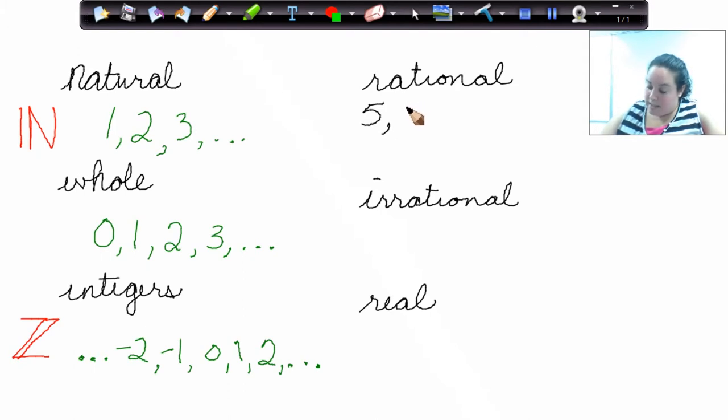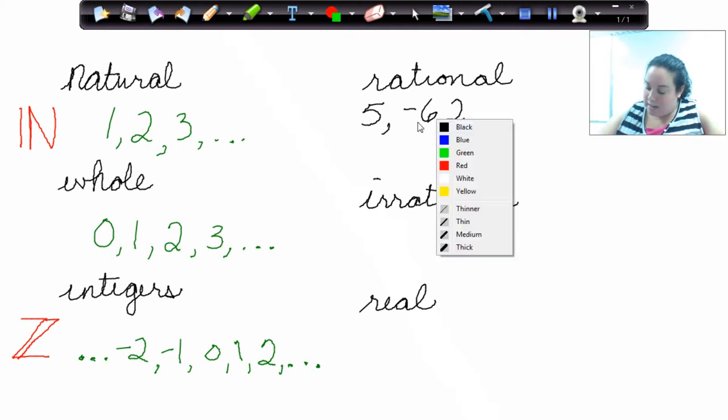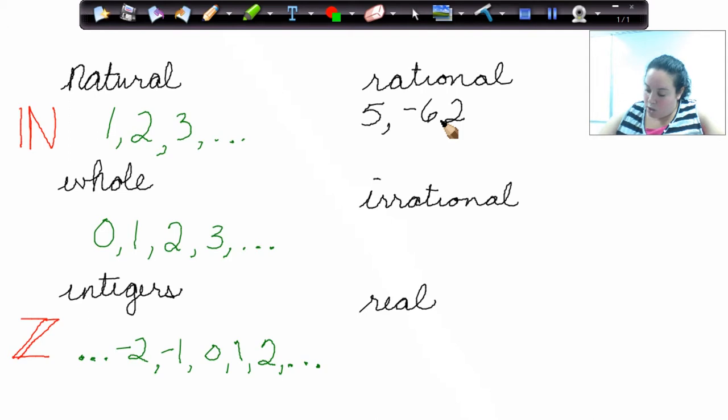And let's say -6.2. -6.2 can be written as a fraction of integers: -62 over 10. So terminating decimals are rational.